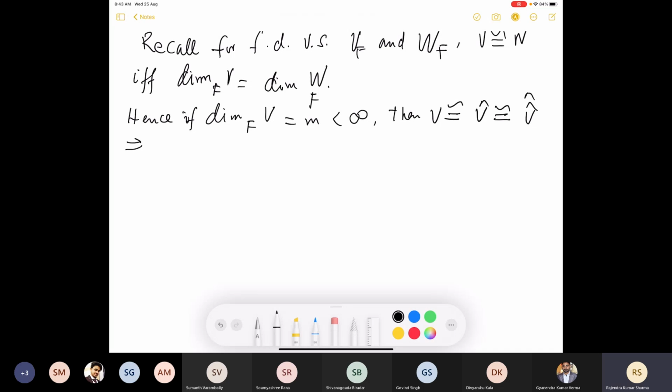So that gives that V and V second dual are also isomorphic. We can obtain a mapping also particularly. This mapping was psi. So we can obtain an isomorphism.